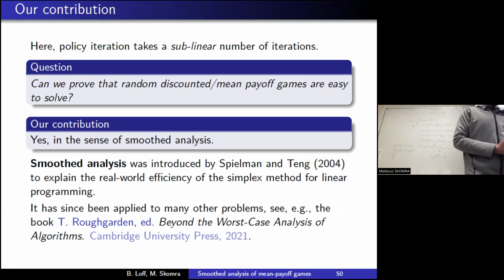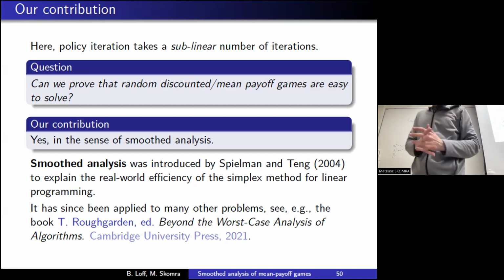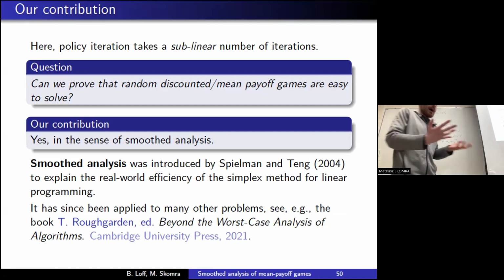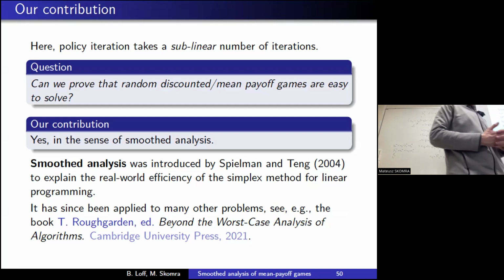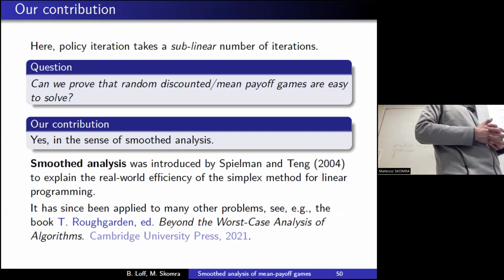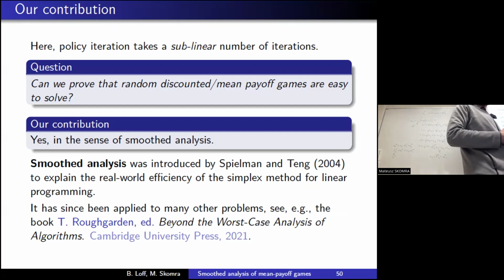People also tried to study why it converges fast on this kind of random instance. And Spielman and Teng introduced the framework that somehow explains this behavior. They proved that yes, in this framework, there is a simplex rule that is fast.